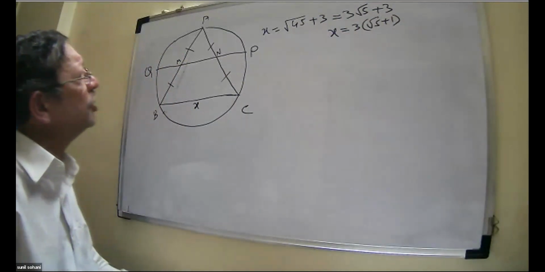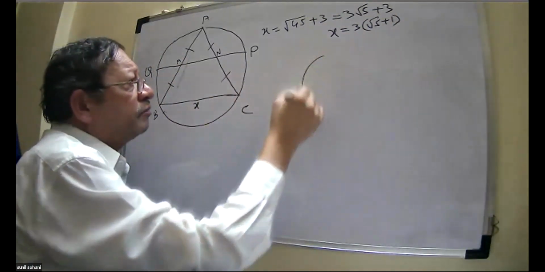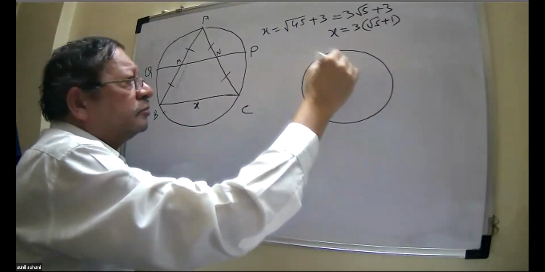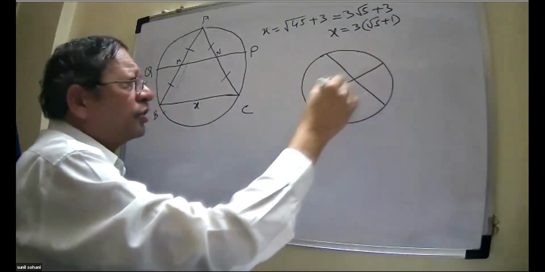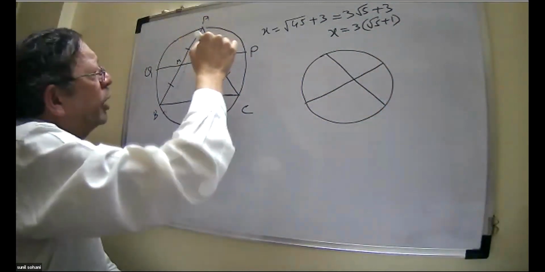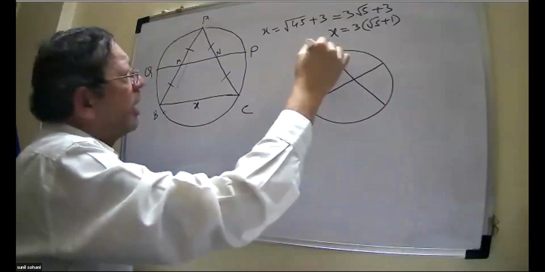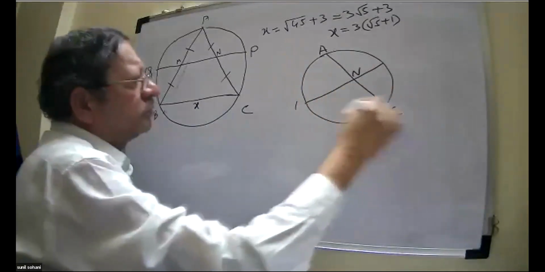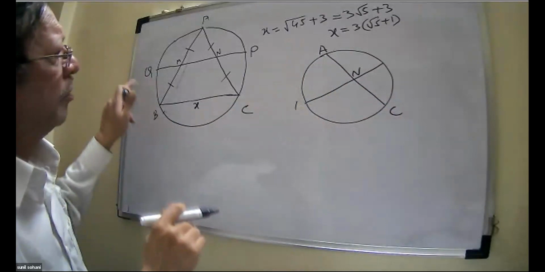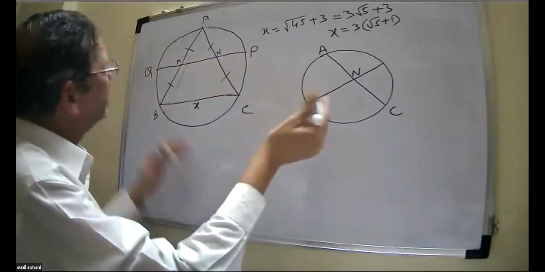Now I am going to use one theorem. In a circle, there are two chords intersecting each other. Let me show the same points. A and C is one chord, and the other chord is a horizontal line; here I am not showing it horizontal, but it is the same thing.